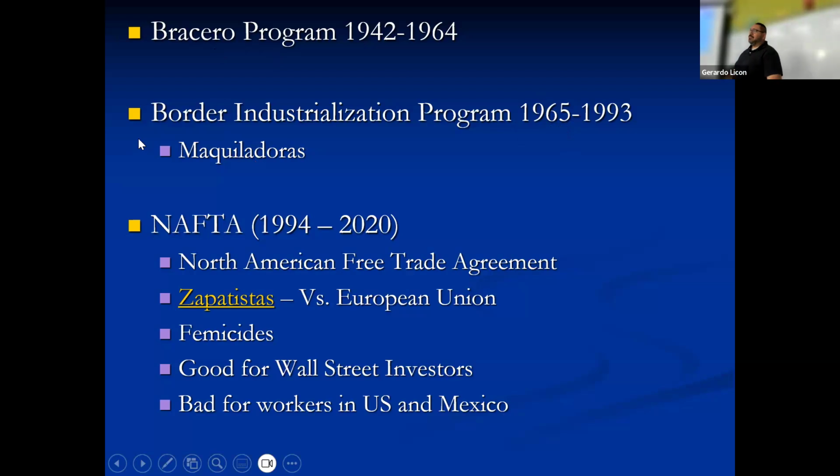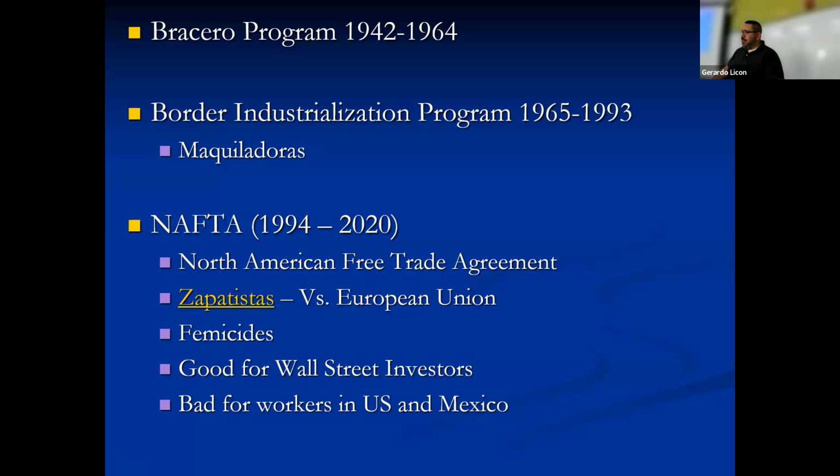This was created by Mexico, where they would allow US companies to move right across the US-Mexico border. They had to be within a certain number of miles of the border. I think it was 10 miles. And so US companies could build assembly plants or factories. That is what is called a maquiladora in Spanish.